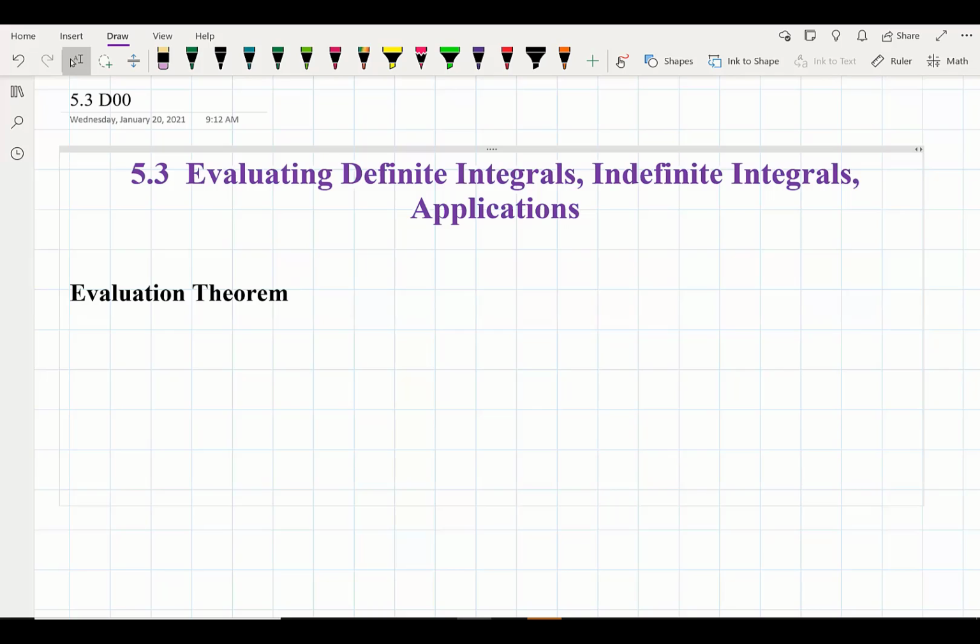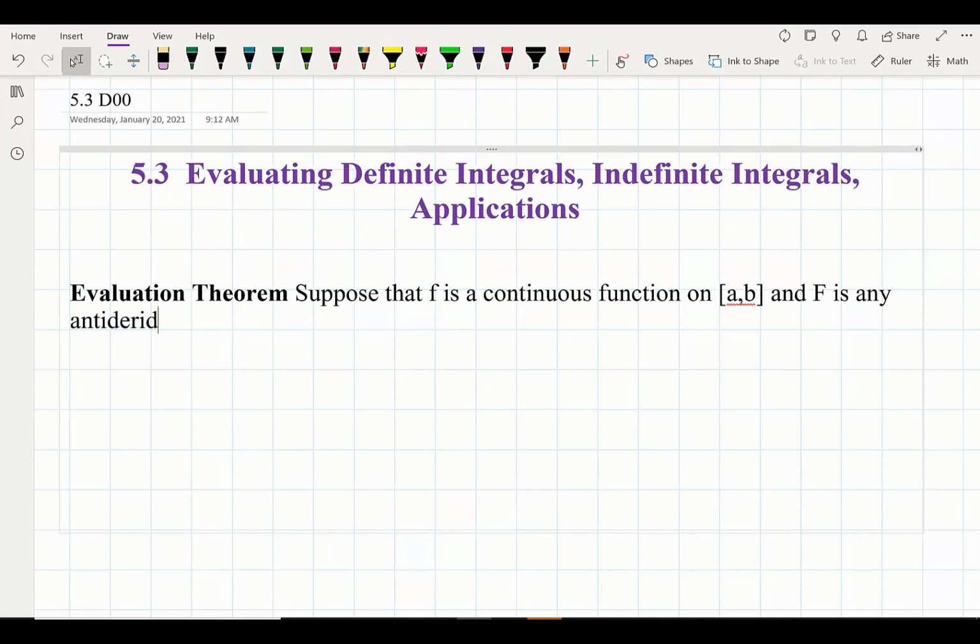And it says that suppose that f is a continuous function on some interval a to b, and capital F is any antiderivative of little f. Recall, antiderivative just means that capital F prime of x is equal to little f of x.